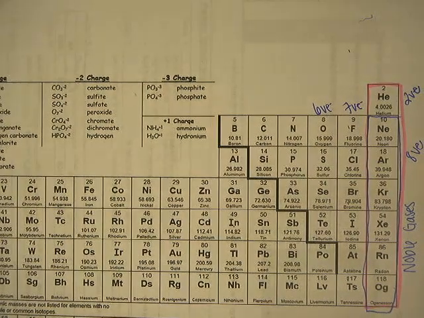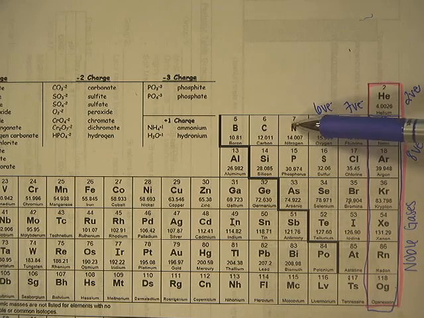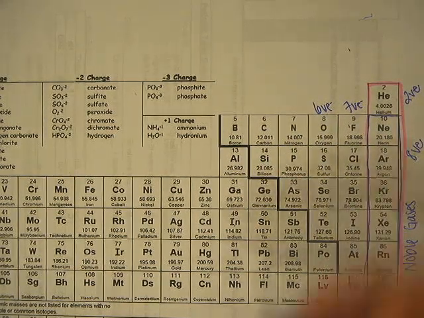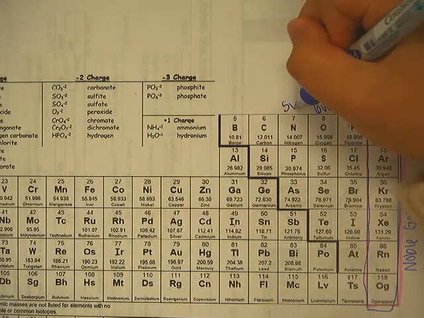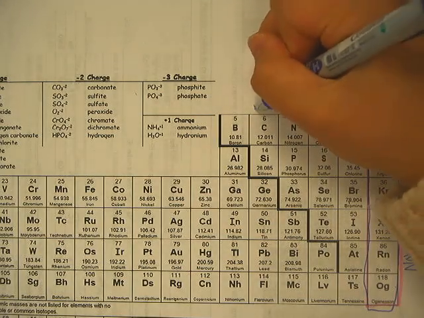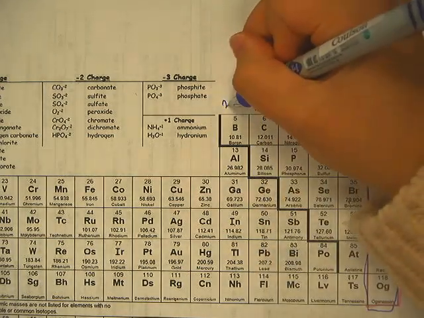So are you noticing the pattern? Here we have P3, so P3 plus the 2 would give us 5 valence electrons. This whole group would have 4 valence electrons. This whole group would have 3 valence electrons.